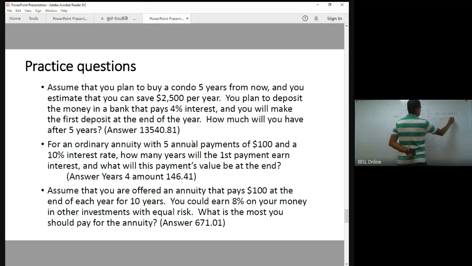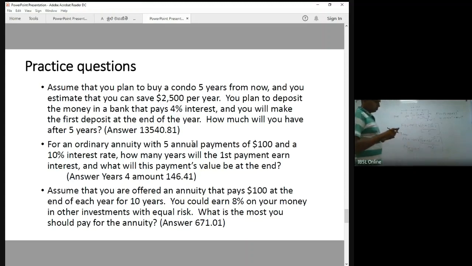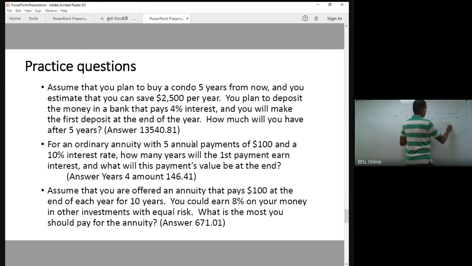Present value is 100, 1 plus r is 10%. It earns interest 4 times. That gives $146.41.